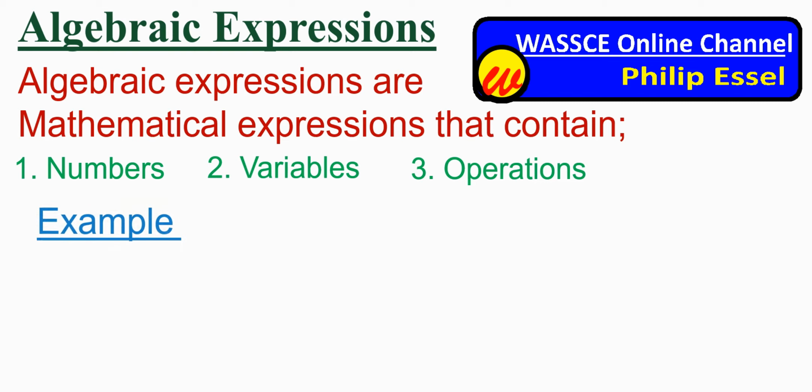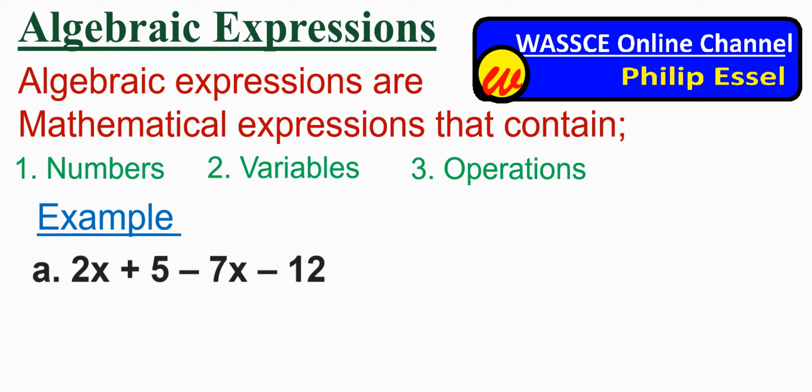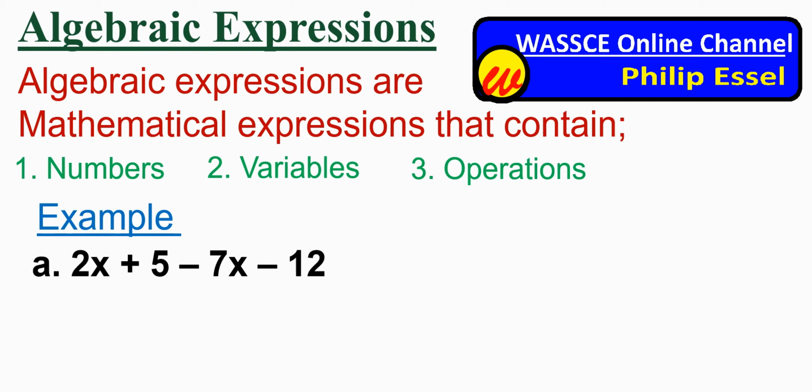Let's look at examples of algebraic expressions. Our first example, example A, is 2x plus 5 minus 7x minus 12.